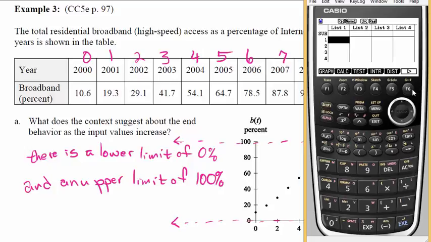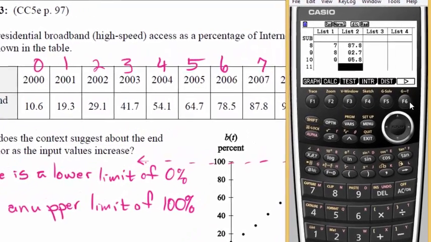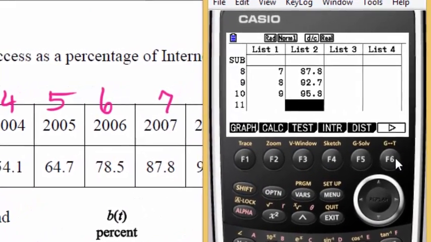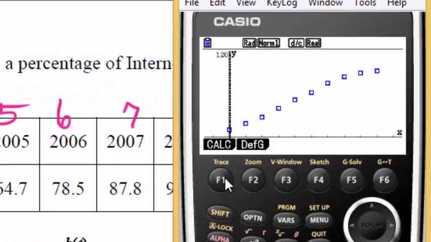In list 1, I'm going to have 0 through 9, and in list 2, I'm going to have the percentages that are given to me. Just to verify that I have these entered correctly, I want to look at that scatter plot. That looks like what we're seeing here in the slides. Great.